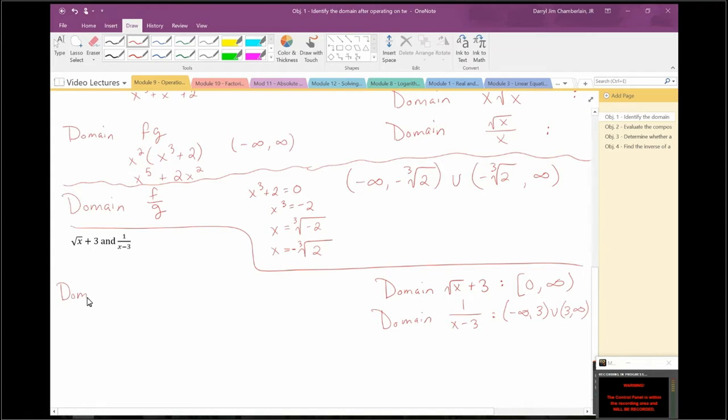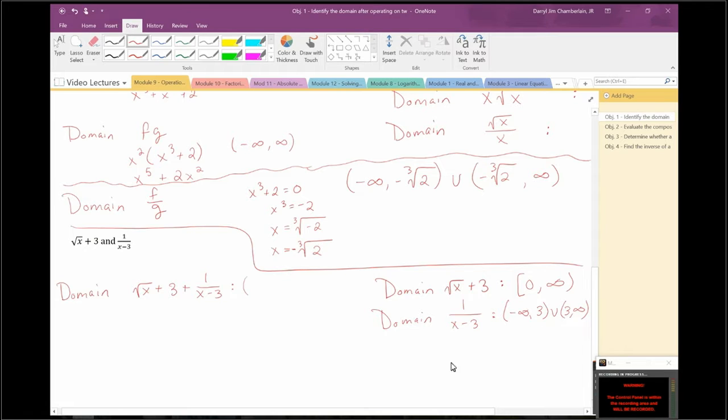So now, the domain of adding these together. Well, we still have this issue with the number 3. We still have this issue with square rooting negative numbers. So our new domain, it looks like a combination of these two.